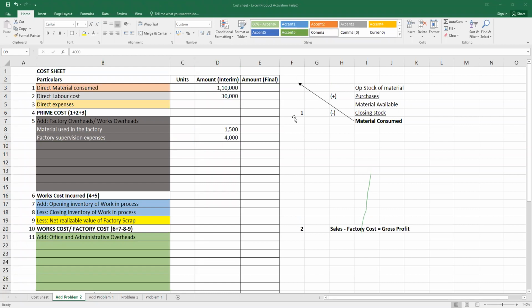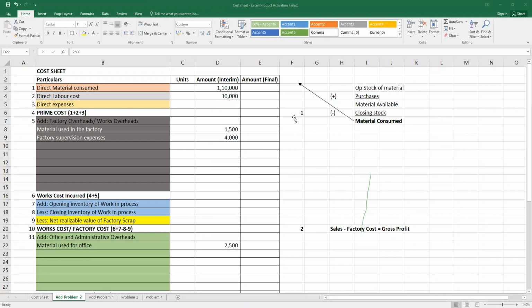Then material used for office 2,500. ऑफिस में लिखना पड़ेगा material used for office 2,500.